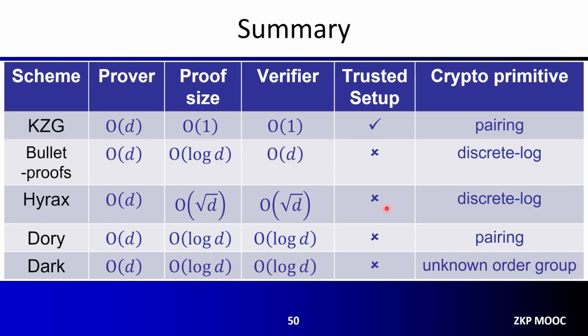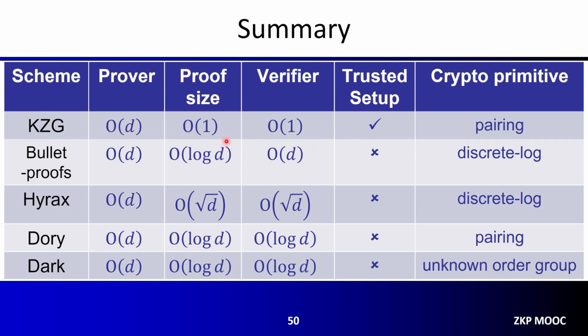So finally, to summarize this entire lecture, we've talked about polynomial commitment schemes based on bilinear pairing and discrete logarithm. In the first part, we studied the classical design of the KZG polynomial commitment scheme. This scheme has a trusted setup, but has very impressive performance in practice.